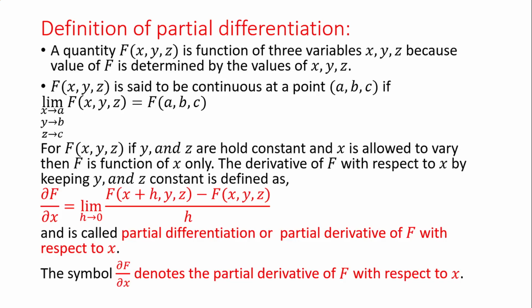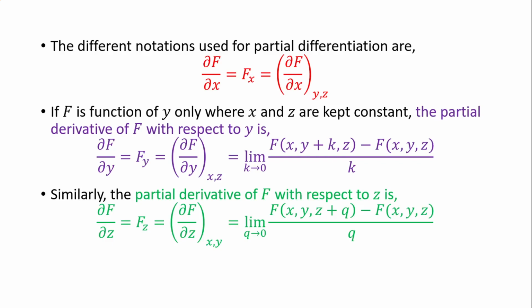The different notations used to denote partial differentiation: one we have seen, dou f by dou x; another is capital F subscript small x; and another one is dou f by dou x at the subscript y, z. So partial differentiation of f with respect to x where y and z are constant. So here we define partial differentiation of f with respect to variable x by keeping y and z constant.